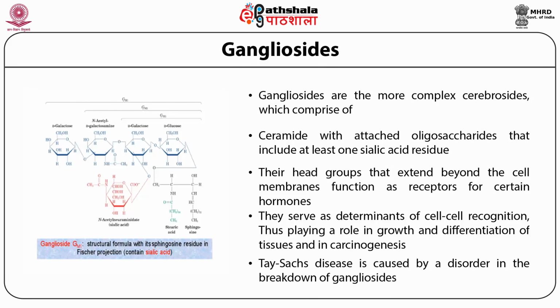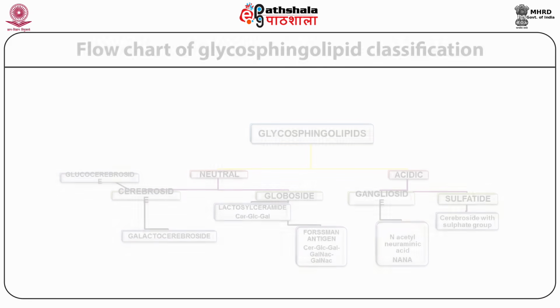If the ganglioside has two sialic acid residues, it belongs to a GD series. D stands for di. And if it has more than two, for example three sialic acid residues, the ganglioside is classified as a GT ganglioside, which means ganglioside tri-series, and so on.